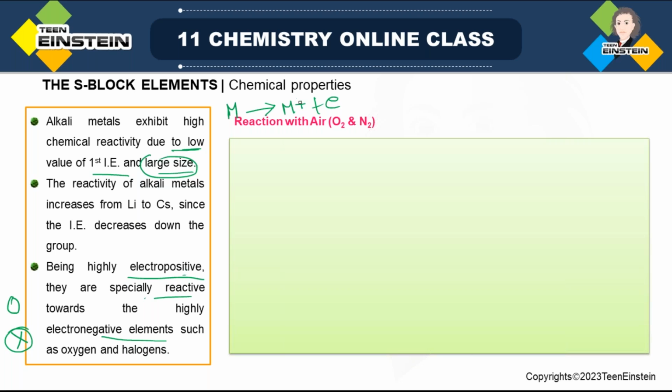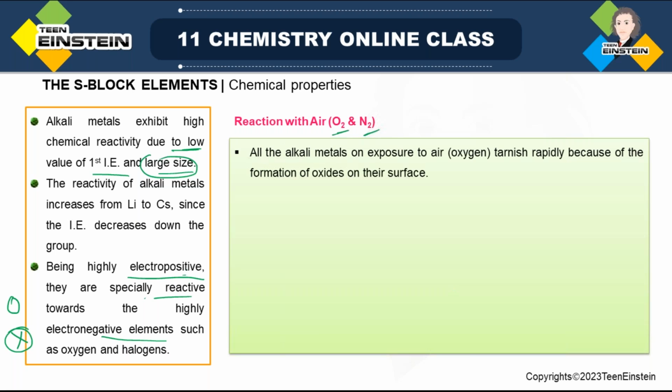Now when I'm talking about air, there is both oxygen as well as nitrogen present. So first we'll see how these alkali metals react with oxygen, which is present in air. All the alkali metals, when they are exposed to air, which means basically exposed to oxygen, undergo rapid tarnish because of formation of oxide. They form an oxide compound on their surface, and that is the reason the metallic luster is lost, because the metal is no longer present as metal.